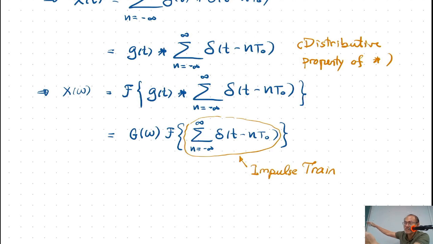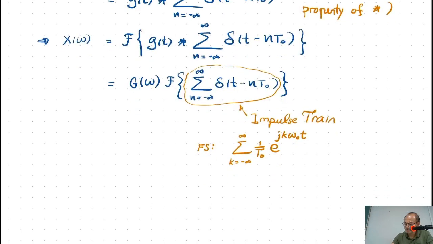The Fourier series of it is, if you go to chapter 3, just the summation from k equals minus infinity to infinity of 1 over t0 e to the j k omega 0 t. So this is the Fourier series of the impulse train. If you don't believe me, you can go back to chapter 3 to find it. So I plug the Fourier series into the Fourier transform.